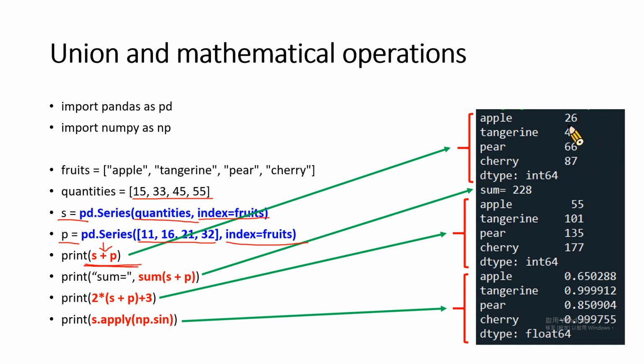So you see that the value for apple is 15 plus 11, so it's 23, and the value for tangerine is 33 plus 16, so it's 49. Okay, so this is the union or plus.